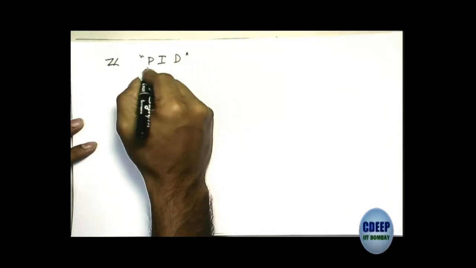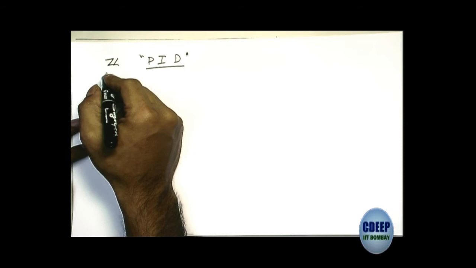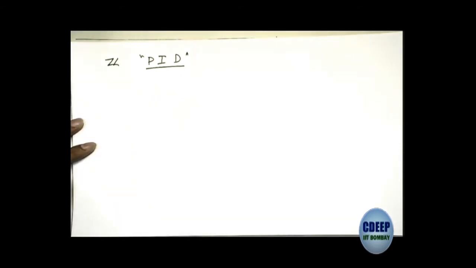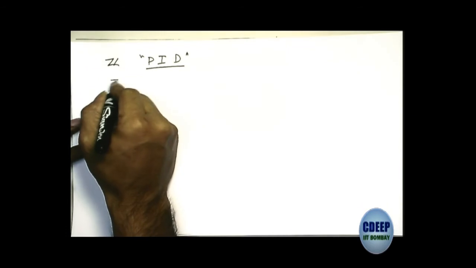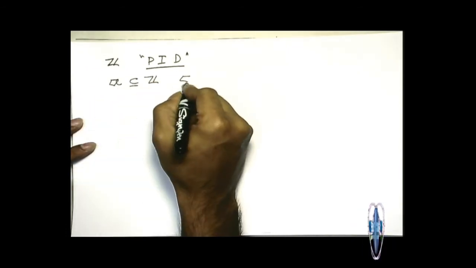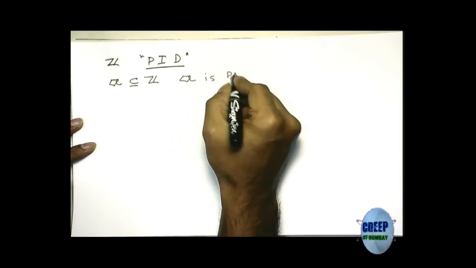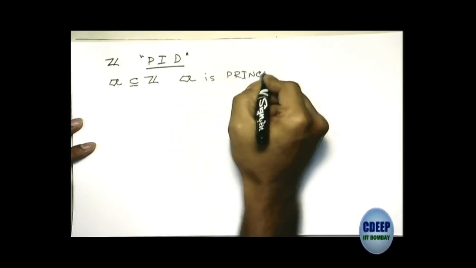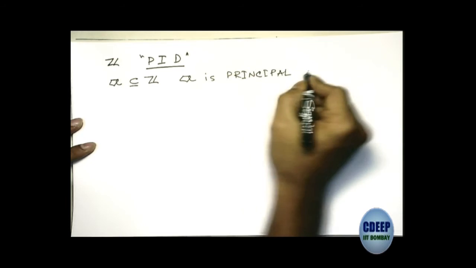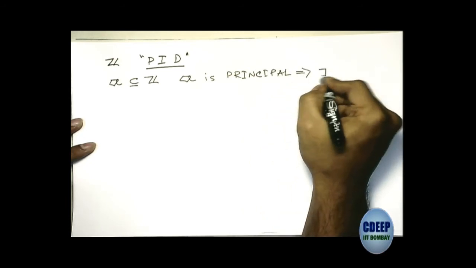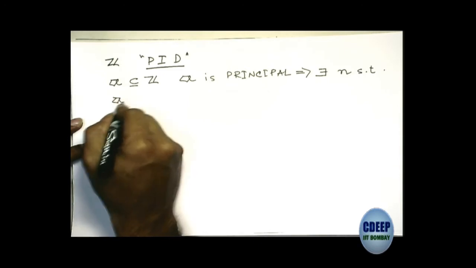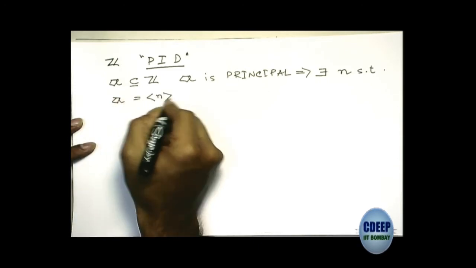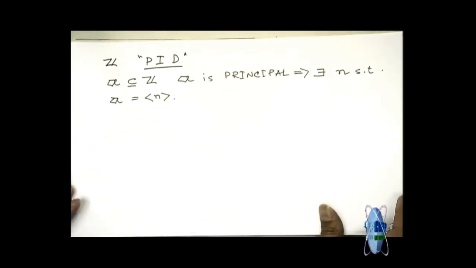One part is already clear, that Z is an integral domain, which we don't have to prove. All we have to prove is that given any ideal A in Z, A is principal, which would mean there exists a number n such that the ideal A is equal to the set of all multiples of n. This is what we have to show.